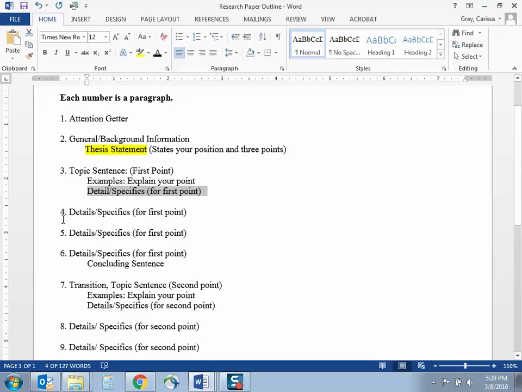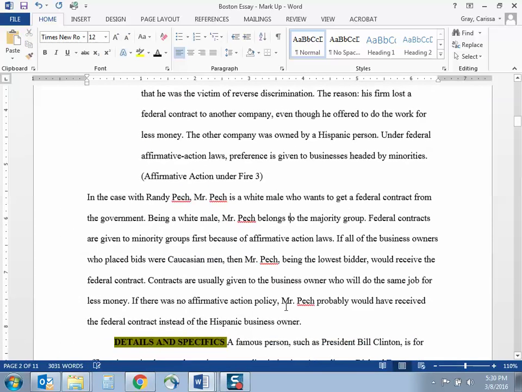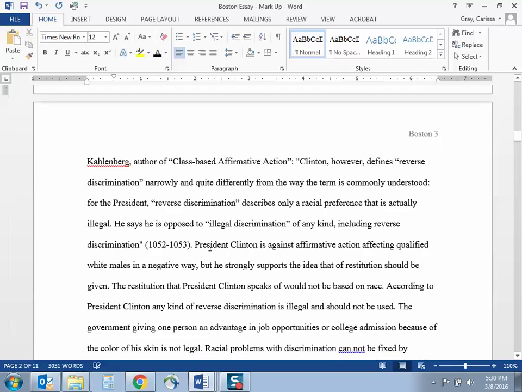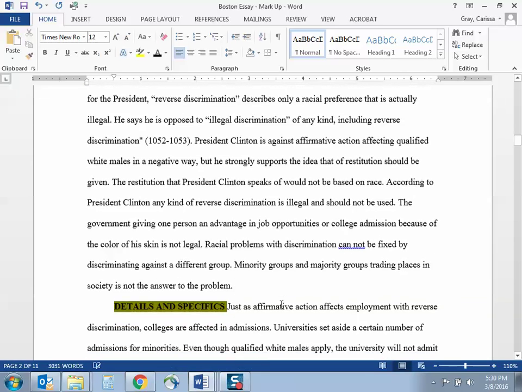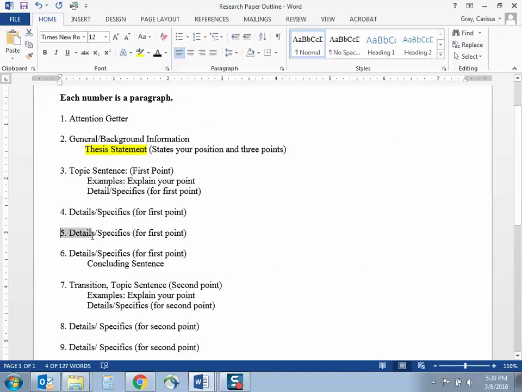Now we move to paragraph 4, which should be another case study or another case in point or another illustration from real life. Let's go to the essay. Her next paragraph, she's talking about President Bill Clinton discussing reverse discrimination. And she's going to quote, she's going to go into great detail about this discussion. In your next paragraph, you have to give me another case study, some more research.